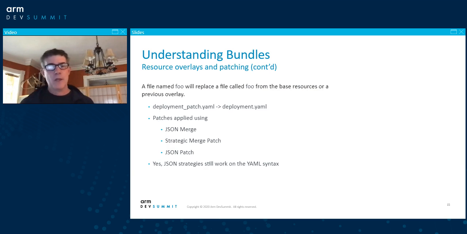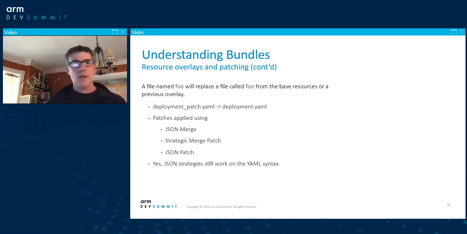So a file named foo is going to replace a file named foo from the base resources, right? So that's what you would expect. The distinction here is that I've got the underscore patch. So deployment_patch or foo_patch is going to replace the foo.yaml, deployment.yaml in this example in the bullets.